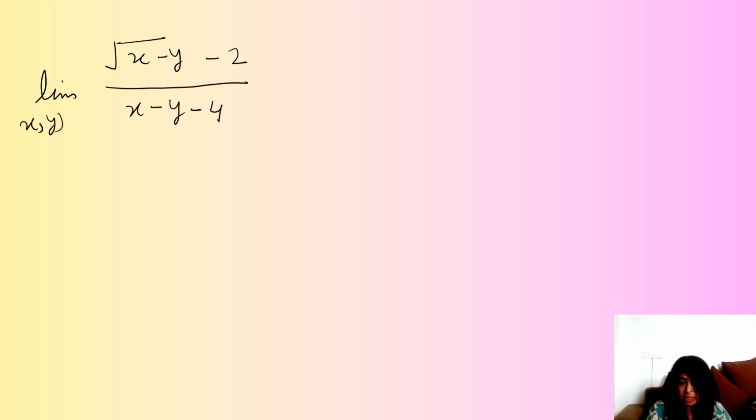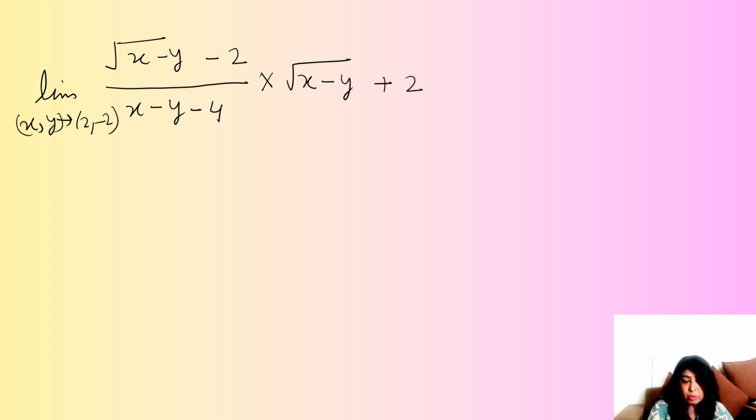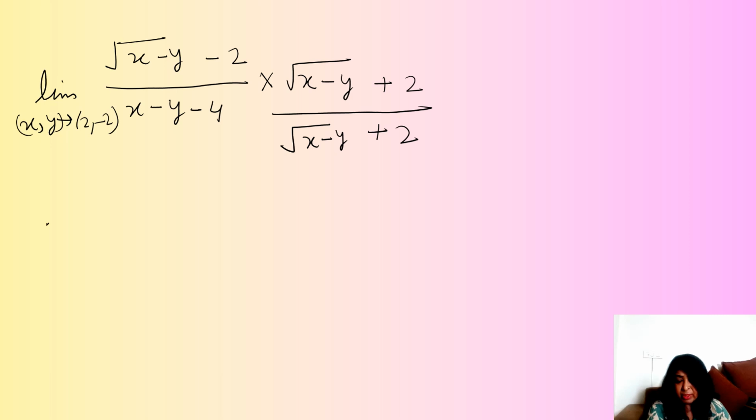We will rationalize it, multiplying by root of x minus y plus 2 in numerator and denominator. In the numerator we have a minus b times a plus b, which is equal to a square minus b square.